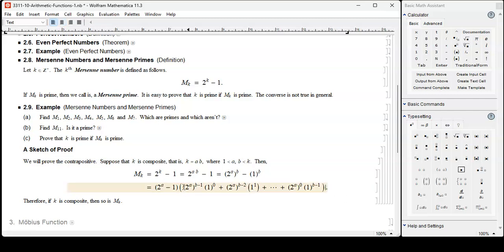One factor, and this part is a cyclotomic polynomial part. So we have a non-trivial factorization. Therefore, if k is composite, then so is M_k. Taking the contrapositive, you get what we want. If M_k is prime, then k is prime.